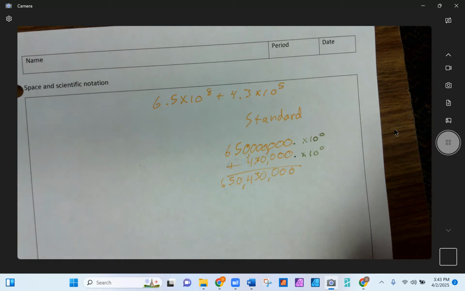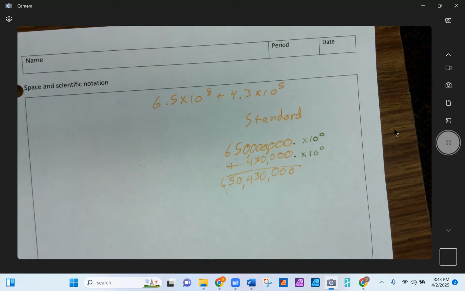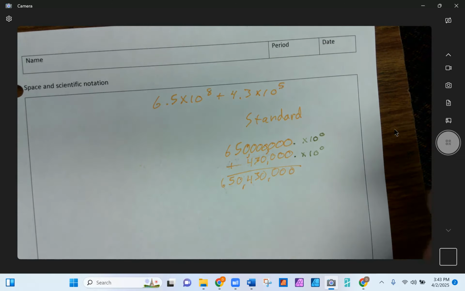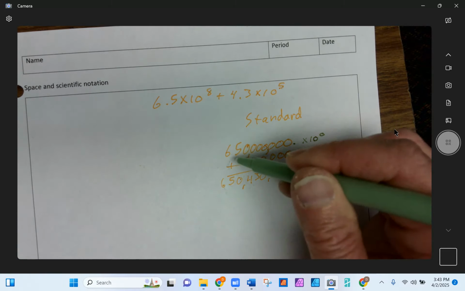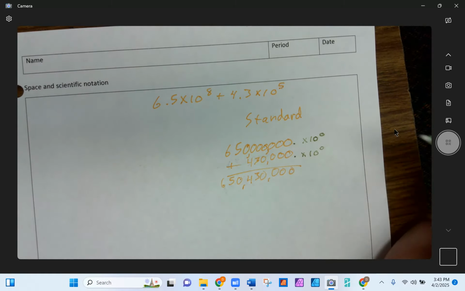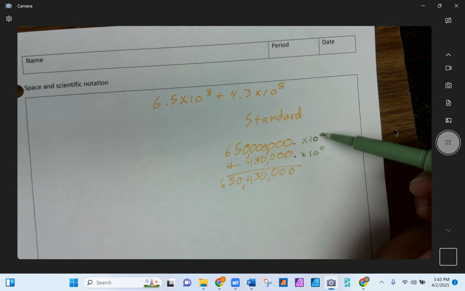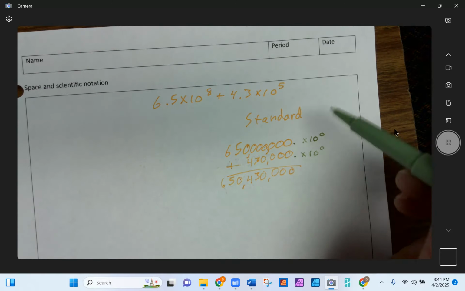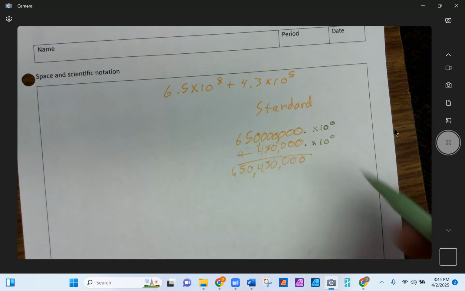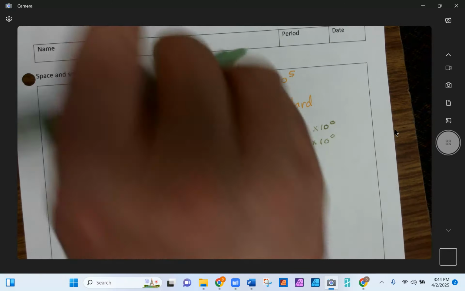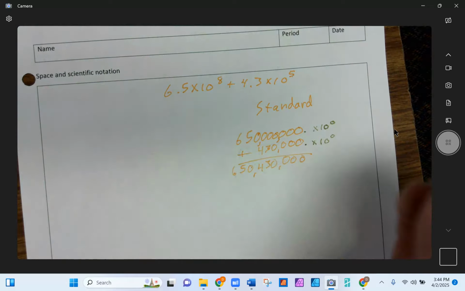Okay, so if you're summarizing how to actually do this logically, you could say when your exponent is going down, you're shifting your decimal to the right. And conversely, if your exponent was to go up, you would be shifting your decimal to the left when you're doing these operations, right? So that's our answer in standard form, but let's put it together in scientific notation.